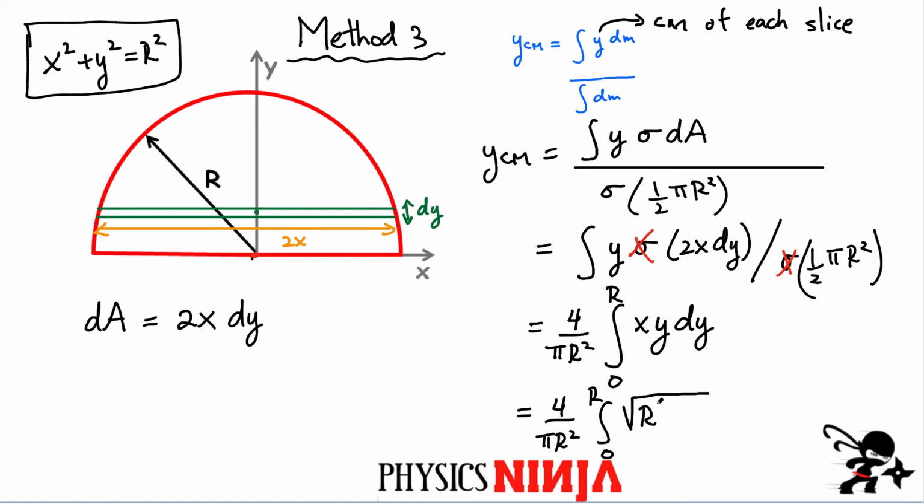And this becomes r squared minus y squared. And all that is multiplied by y dy. So you're left with this nasty looking integral over here. However, this is actually not that hard to evaluate. I'll show you how to do that in just the next slide. We're just going to use a substitution for the term here under the square root, and that actually ends up simplifying the problem quite a bit.